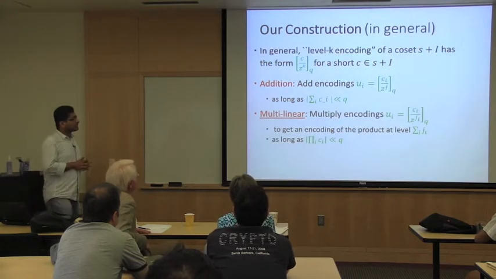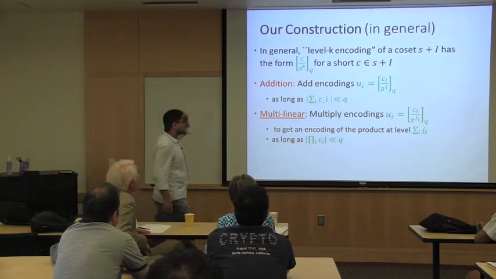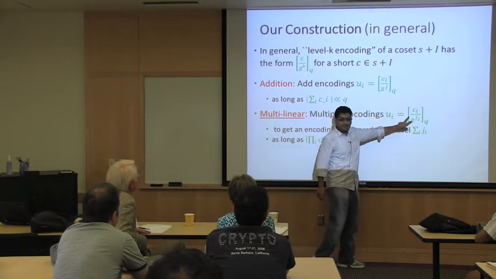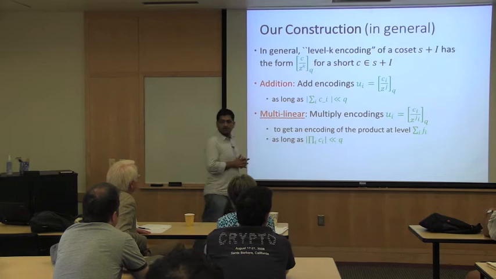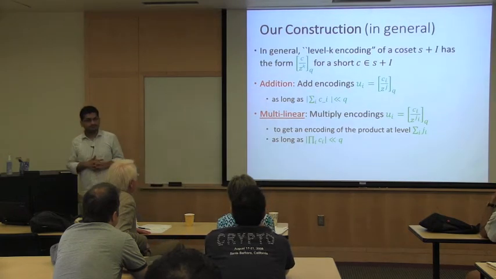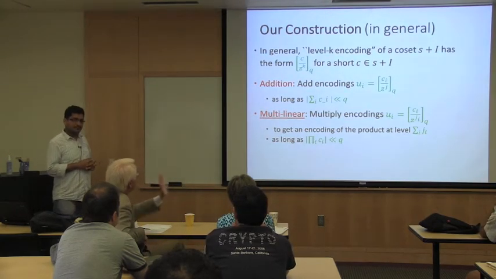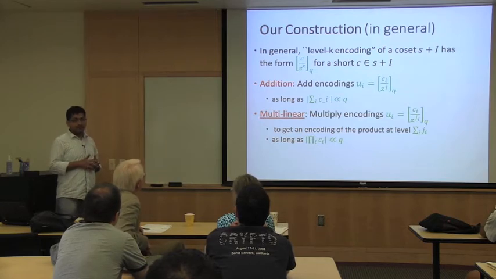Multiplication is analogous, just that the exponents of the Z's get added up, so you now move to a higher level of encoding, for any arbitrary polynomial which is fixed a priori.